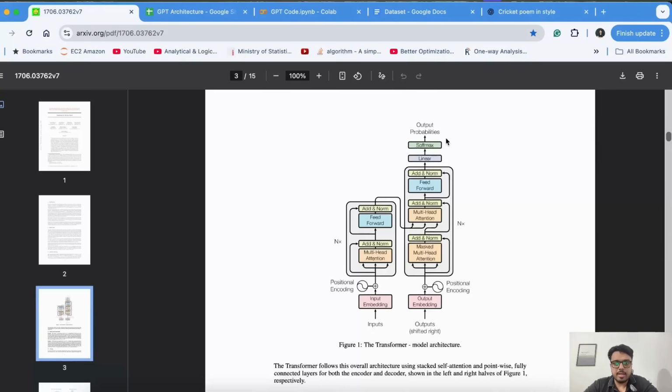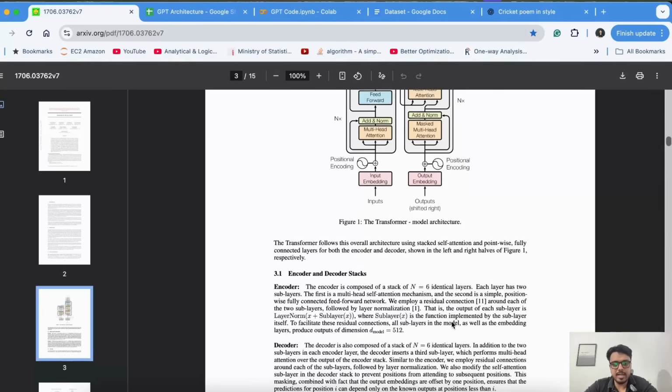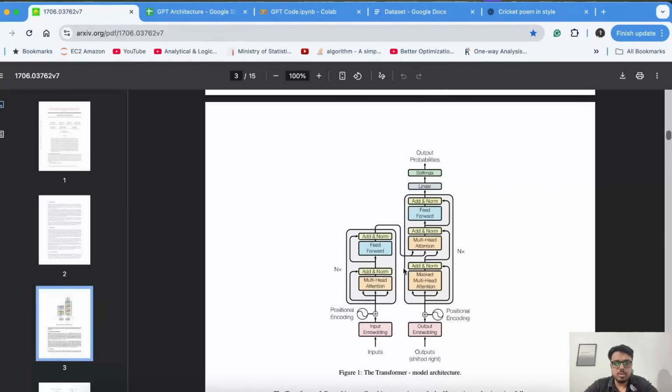On the left hand side is the encoder stack, and on the right hand side is the decoder stack. This decoder stack was what got picked up, and a lot of modern day production grade LLMs use this decoder stack and the transformer architecture as their core model architecture.